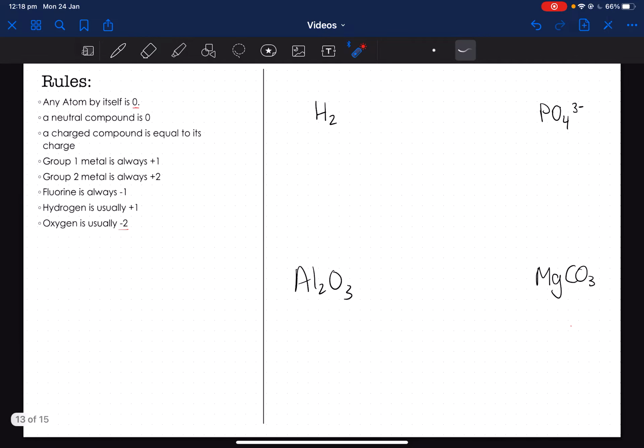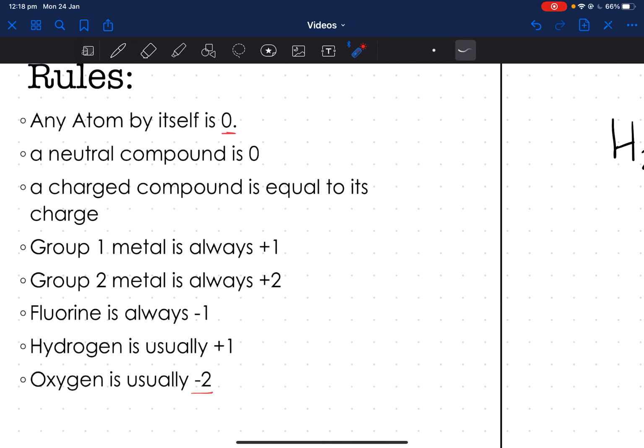Hopefully that makes sense. Anyway, there's some very basic rules that we're going to start with. The first one is an atom by itself is always zero. It always has an oxidation number of zero. So something like iron, magnesium when it's by itself, H2, Cl2, all of those things are by themselves. So they always have an oxidation number of zero.